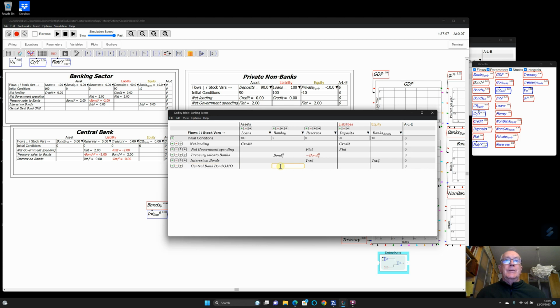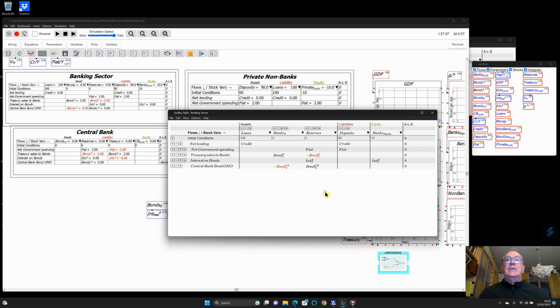So in this case, that means we're going to have the bonds being sold by the banks to the central bank, and that's what I'm indicating by the superscripting there. So the monetary value of the bonds the banks hold falls. That means the monetary value of the reserves they have has to rise by the same amount, because that's where they get paid by the central bank by entry into their account at the central bank, and that operation increases their reserves.